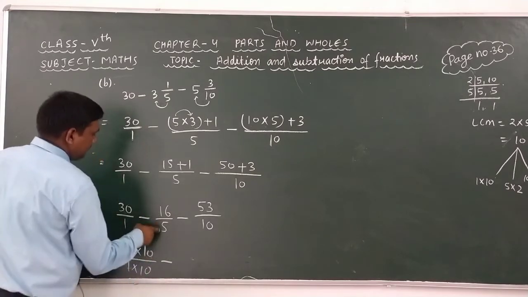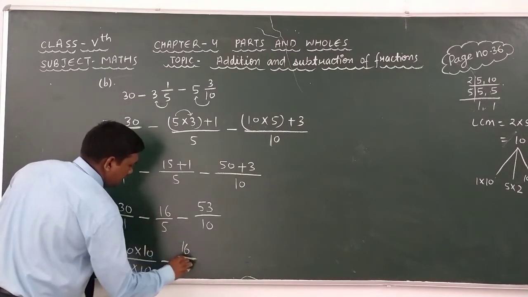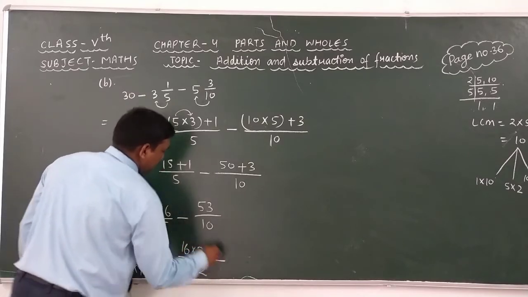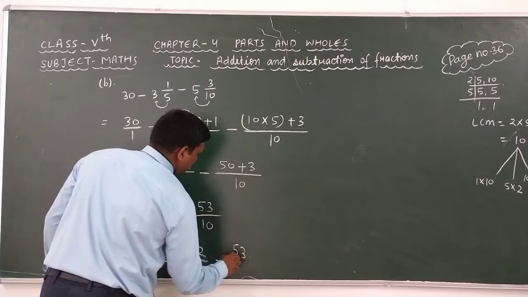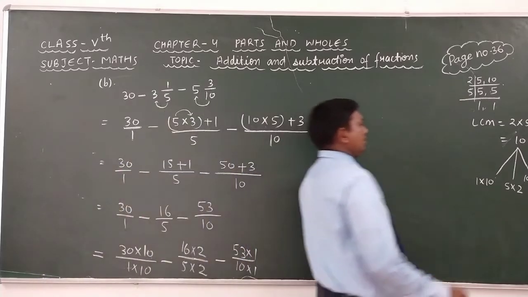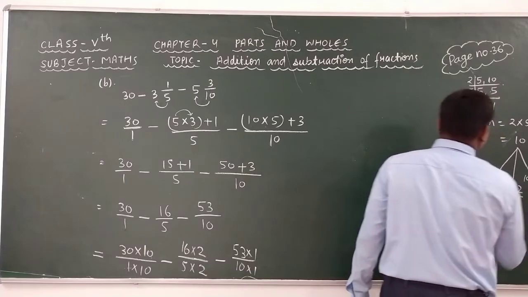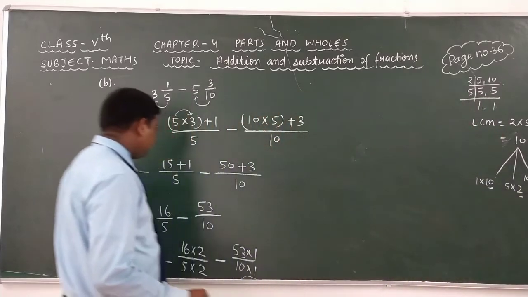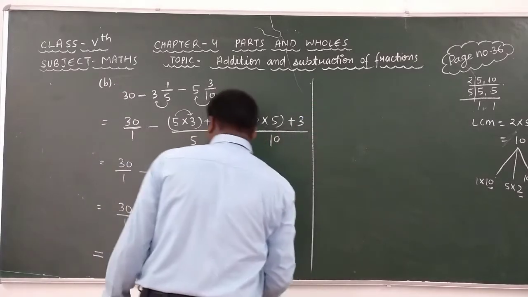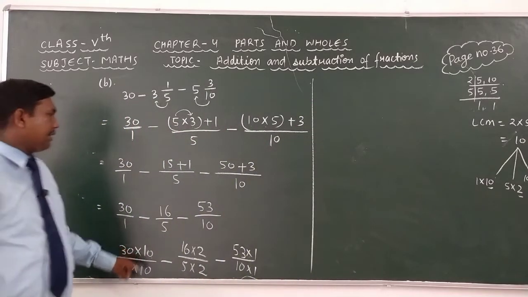Okay, and in this fraction we have to take the multiplication by 2 in numerator and denominator, and in this fraction we have to take the multiplication by 1 in numerator and denominator respectively. Okay, understand?